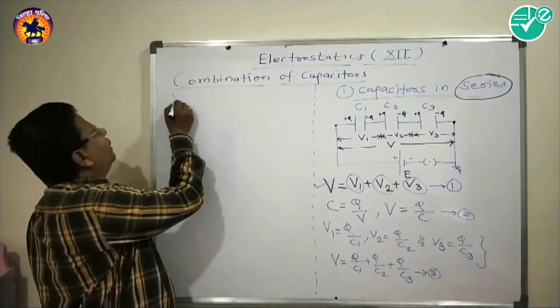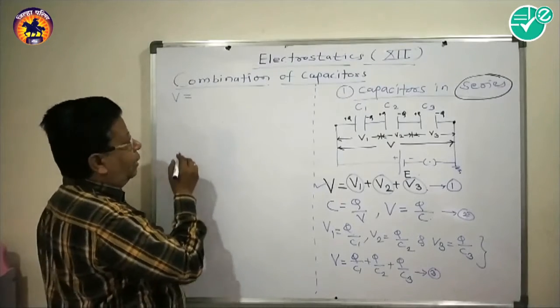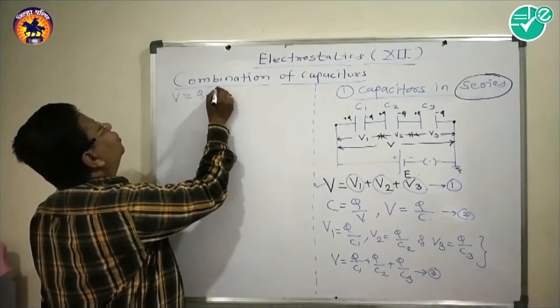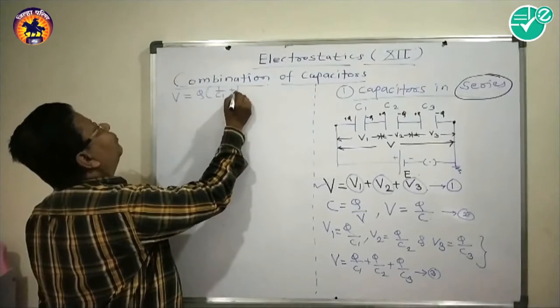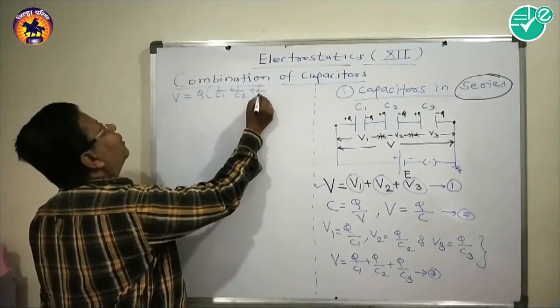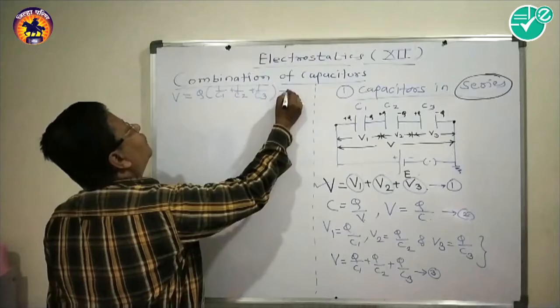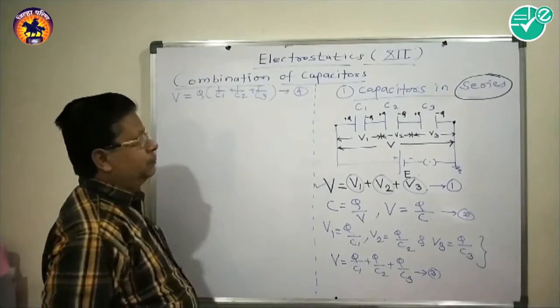And V is equal to Q common into bracket 1 upon C1 plus 1 upon C2 plus 1 upon C3, and this is equation number 4.